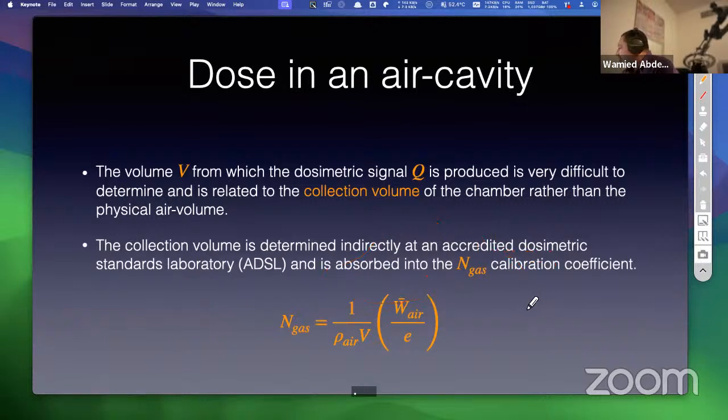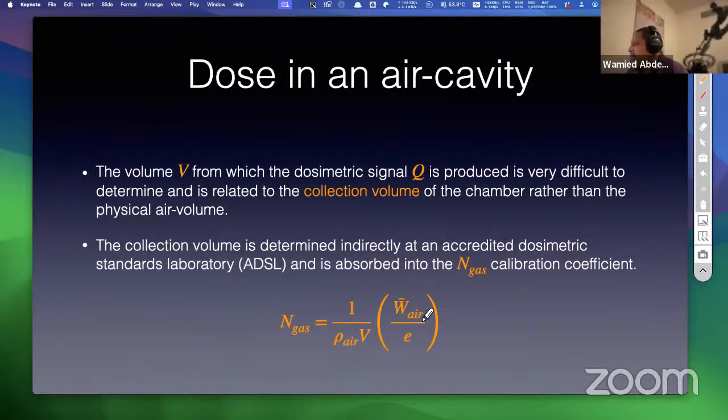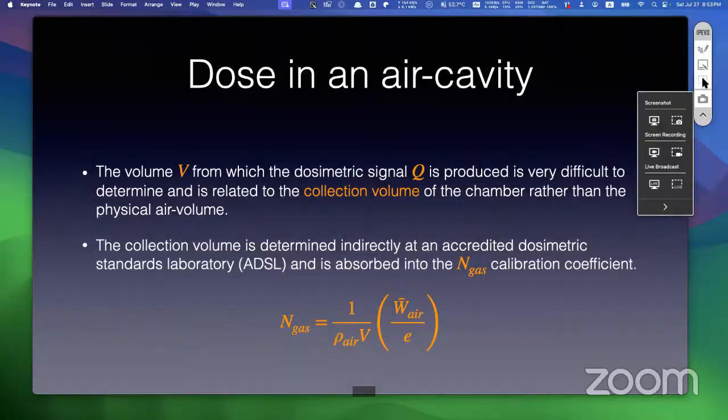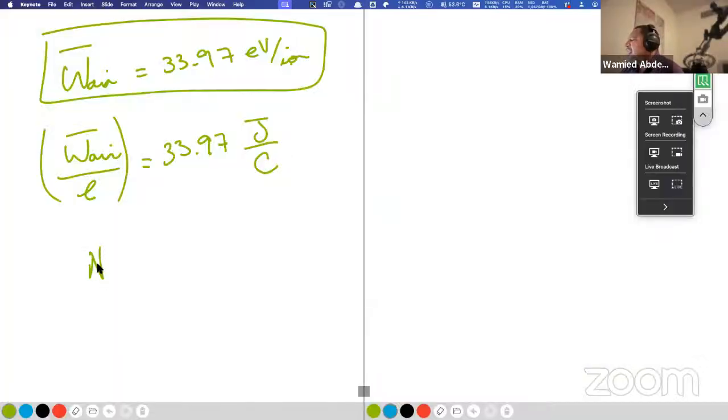The SI unit of N gas is going to be joules per kilogram per coulomb. That's the SI unit for N gas. It has no charge. It's a calibration, a conversion factor.